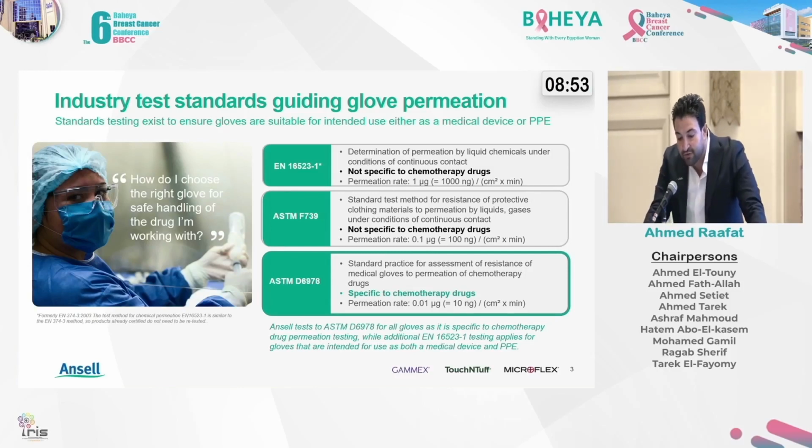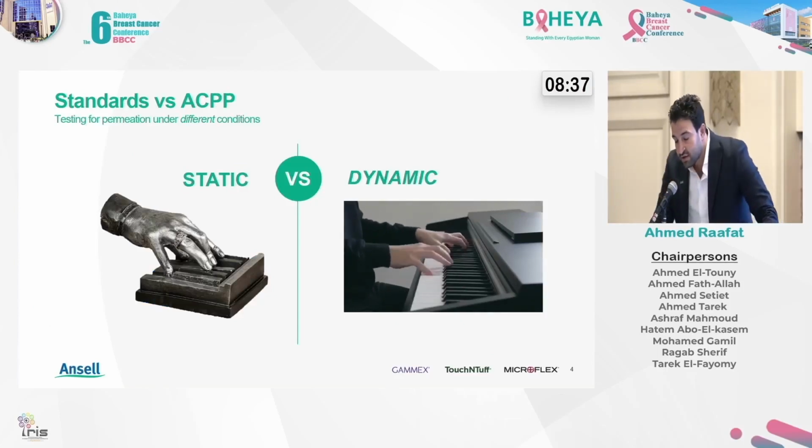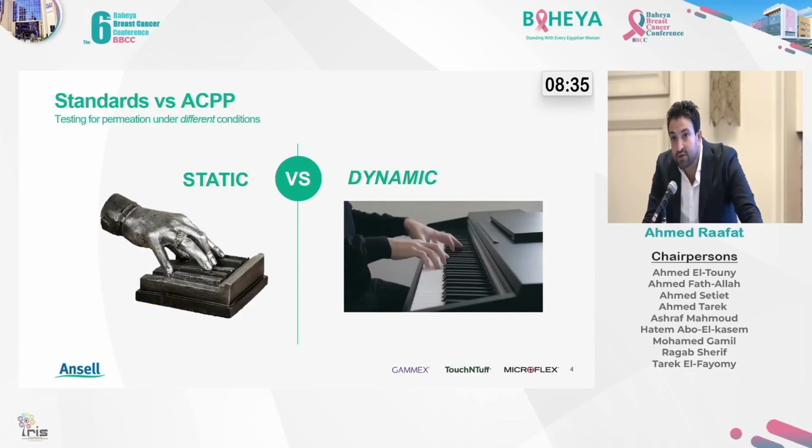We also have two American standards: one measures 0.1 microgram passing through the glove material, and the last one is 0.01 microgram. All these standards are static standards, not dynamic standards. So all the standards measure permeation under static conditions.